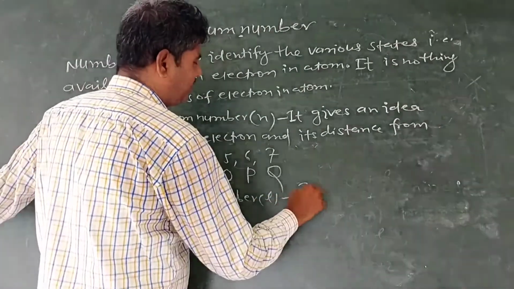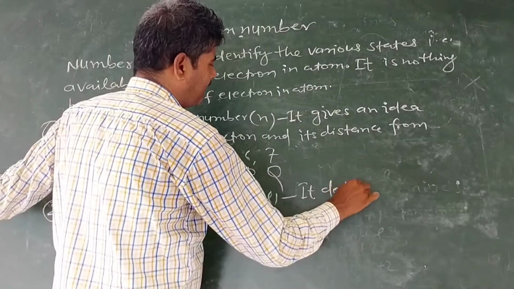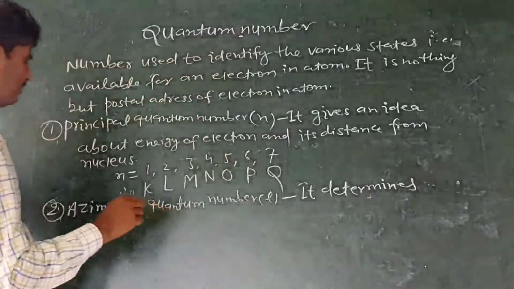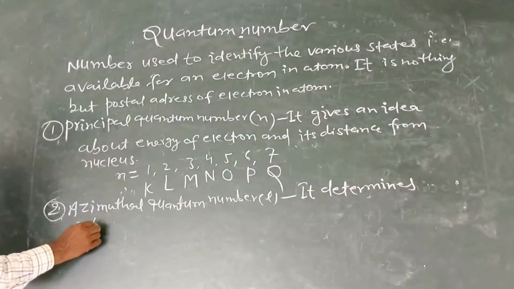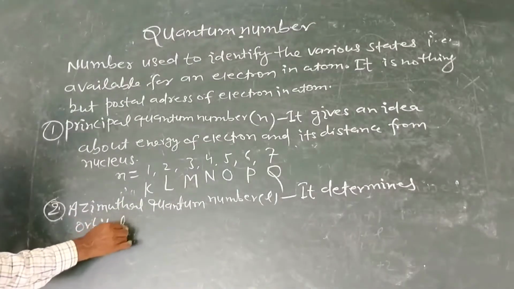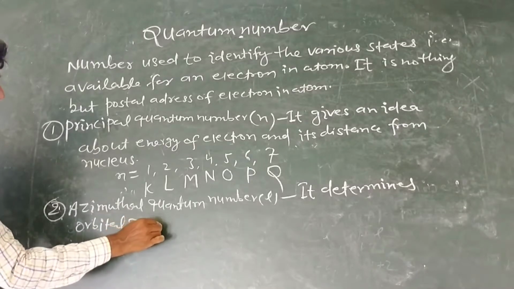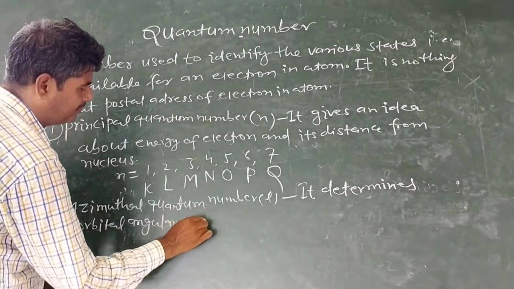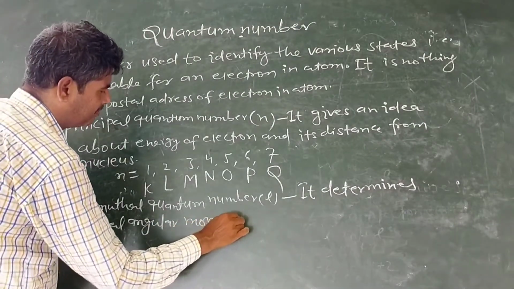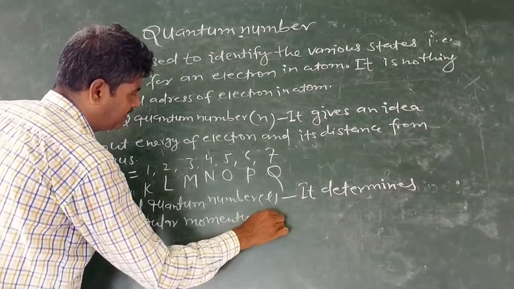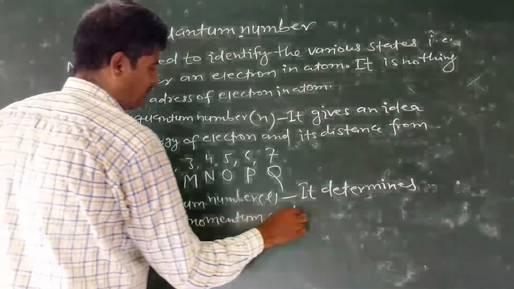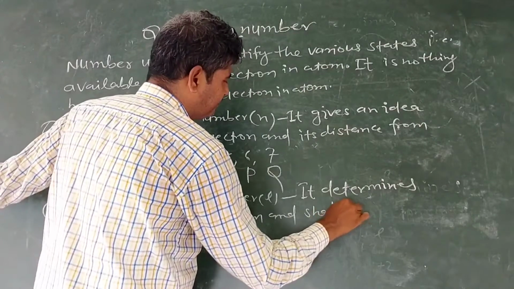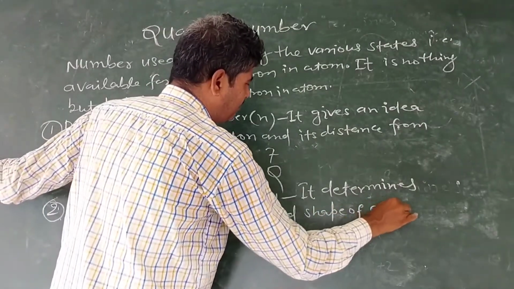It determines the orbital angular momentum and the shape of the electron cloud.